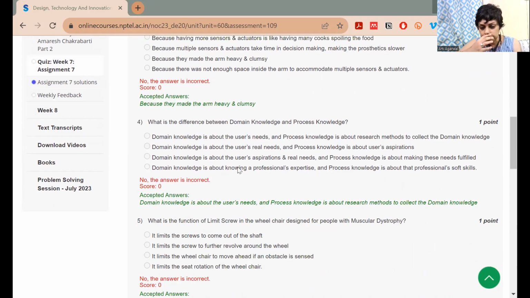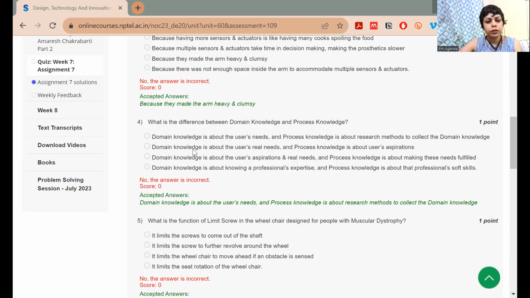Next question is, what is the difference between domain knowledge and process knowledge? The options are: domain knowledge is about the user's need, and process knowledge is about research methods to collect the domain knowledge.